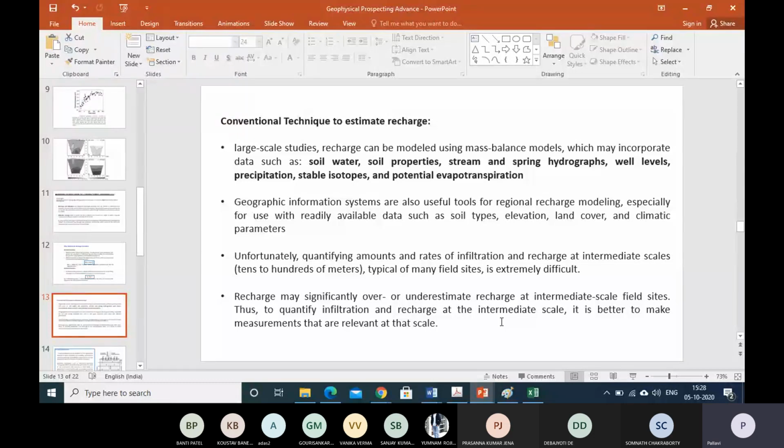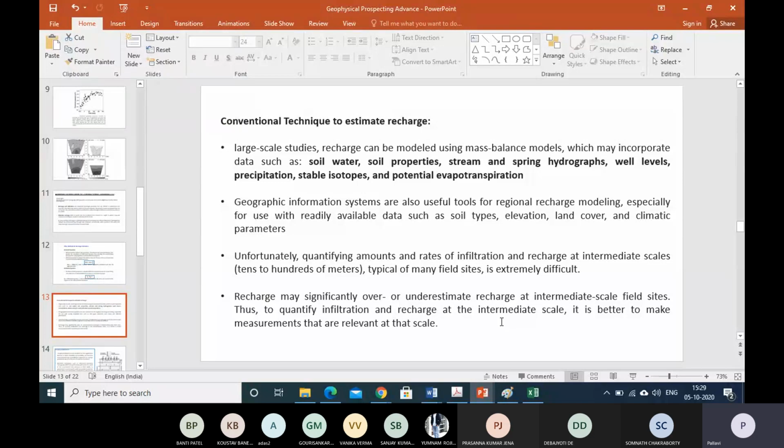So if you are using only data such as soil type, elevation, land cover, and climate parameters, that will not give you an actual image or actual quantitative information of the recharge process, okay. That could give a little bit of idea about the infiltration, but infiltration is not recharge, because after infiltration also lots of processes could take place.